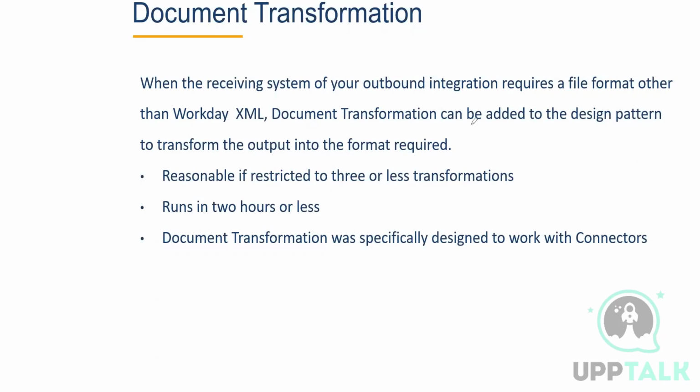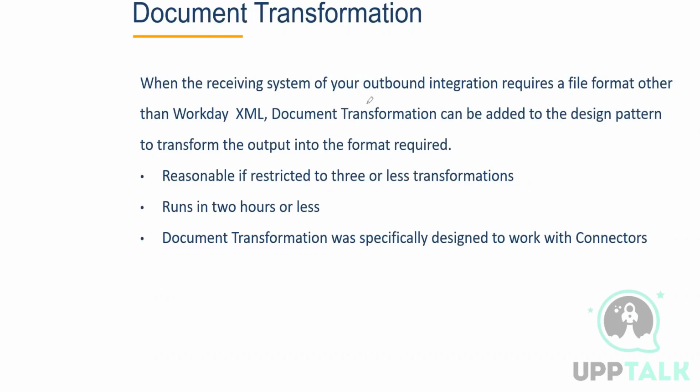Document transformation can be added to the design pattern to transform the output into the format required. It is reasonable if restricted to three or fewer transformations, runs in two hours or less, or document transformation was specifically designed to work with connectors. So document transformation is needed when you need to translate this XML data into a different output, either format or calculations, however you would like to put it.